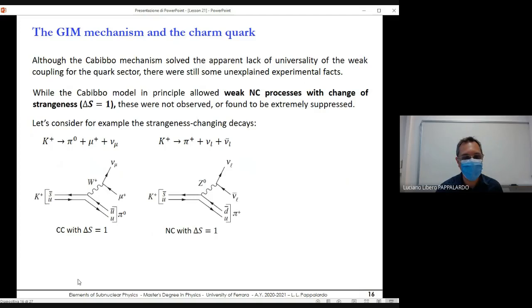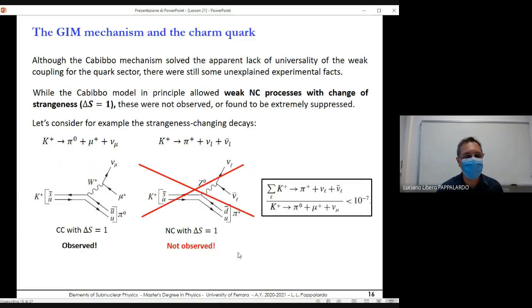In both cases, we have a change in strangeness by 1 unit. We have a strange quark in the initial state, and we don't have it in the final state in both cases. Now, the question is that the first one is observed in nature, the second is not observed in nature, although it is admitted by the Cabibbo theory.